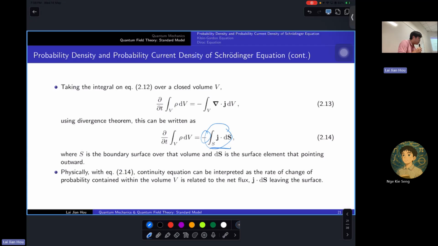So when the flux is leaving, the left part, which is changing over time, tells us that the probability density will be changing.